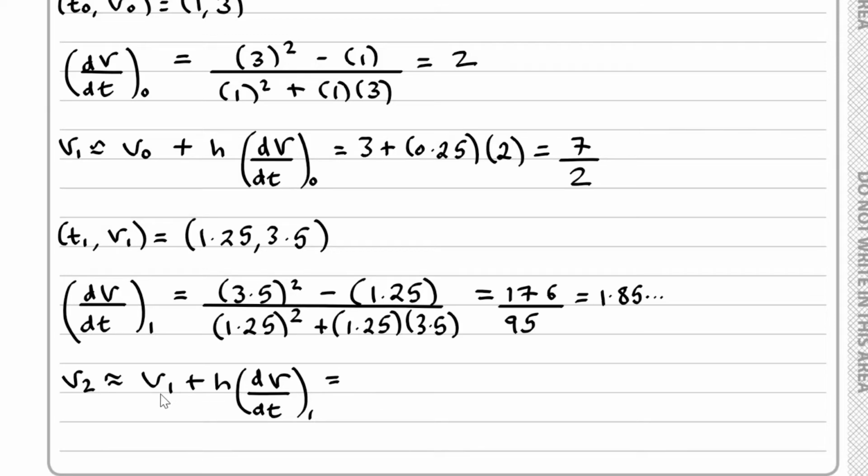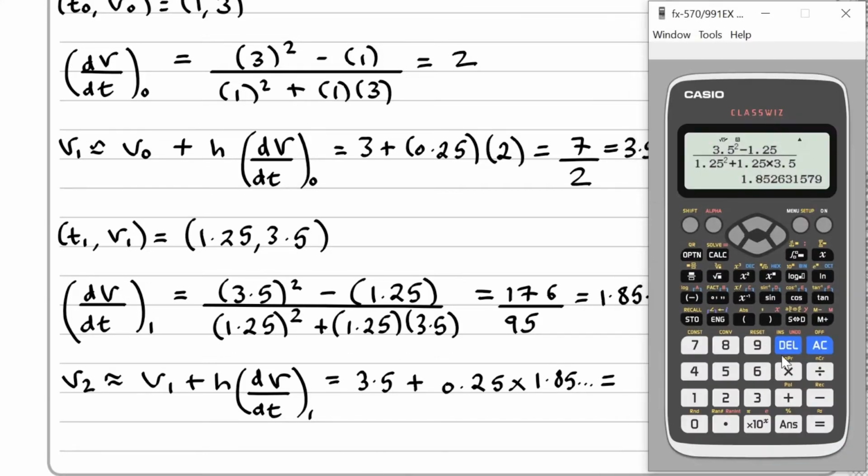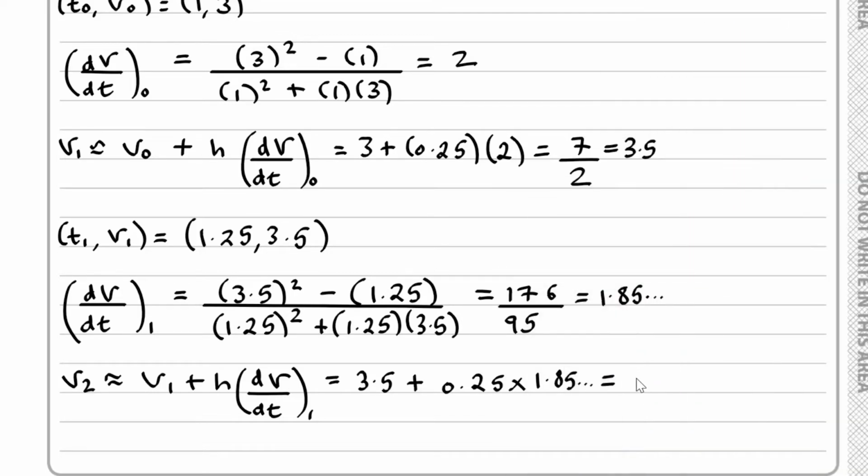What we have over here is V1, which is 3.5, plus H, which is 0.25, lots of this value over here, the 1.85, etc. If we work this out, we multiply this by 0.25 and then add on 3.5, and we come out with 753 over 190.